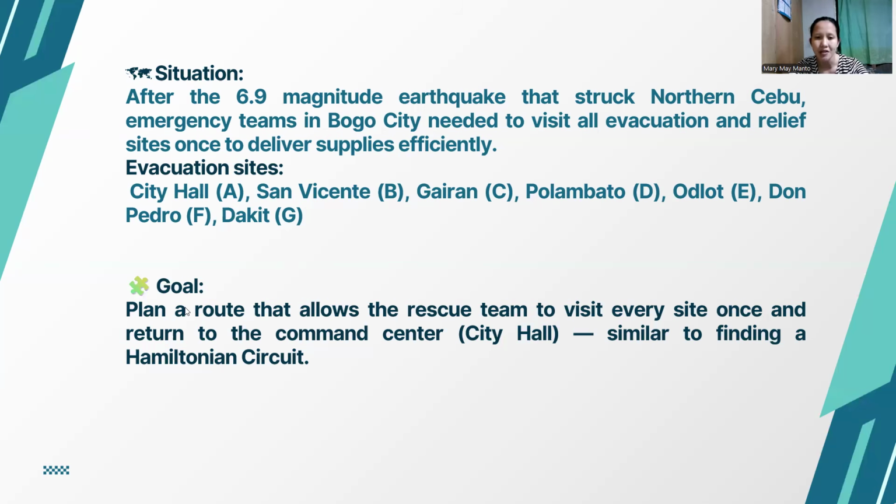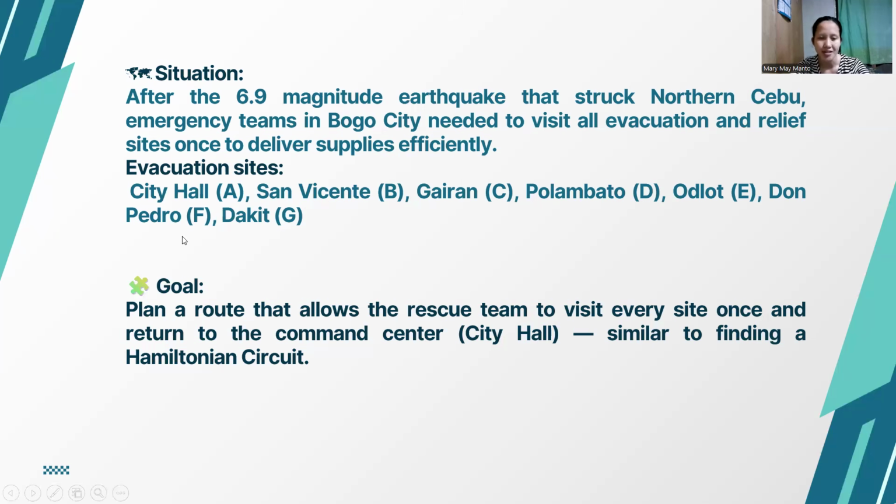Our goal is to plan a route that allows the rescue team to visit every site once and return to the command center, which is the City Hall, similar to finding a Hamiltonian circuit. We have to find the path where we can visit all the evacuation centers once, but we have to go back to the City Hall.